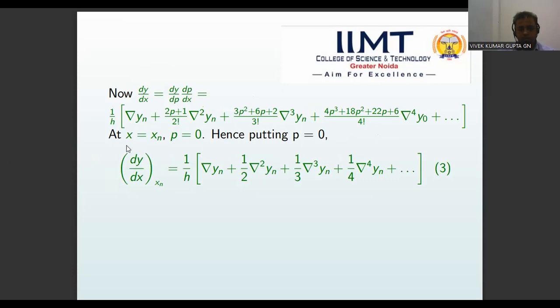So why are we using x is equal to xn? We cannot find a numerical differentiation for a missing value of data. We can find numerical differentiation only for the given discrete data. Why?